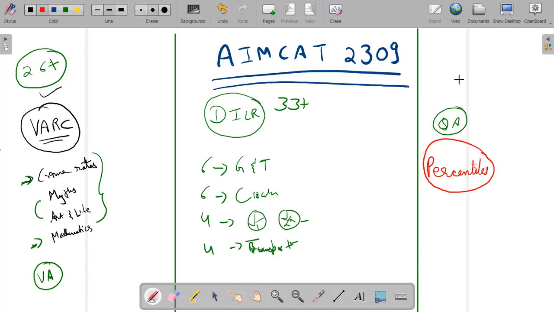So far, this quant seemed very much deviated from the level of the CAT. But if the institute gave you this type of quant, we have no choice, and the bare minimum here would be 25 plus.